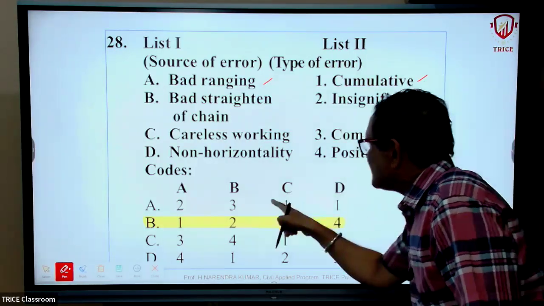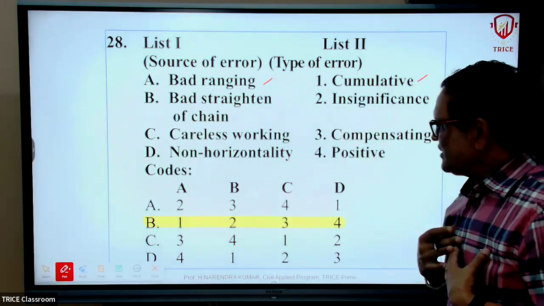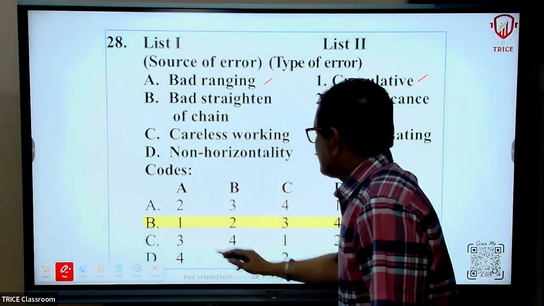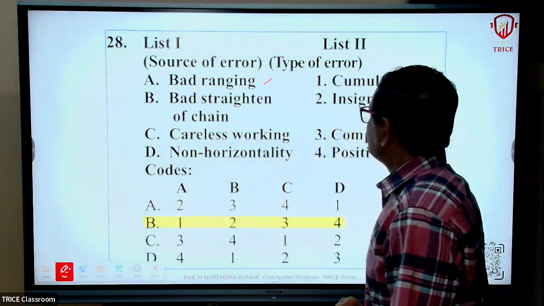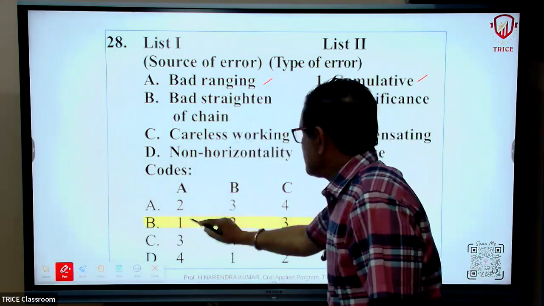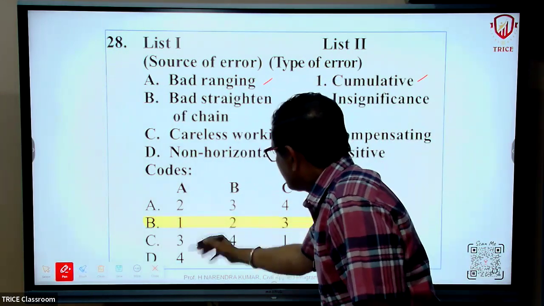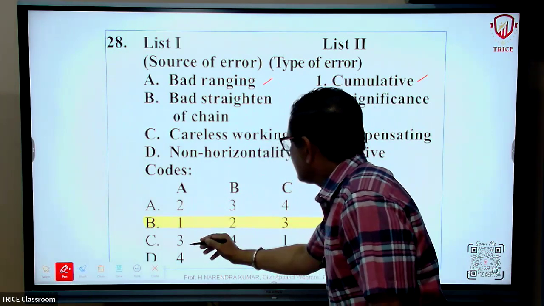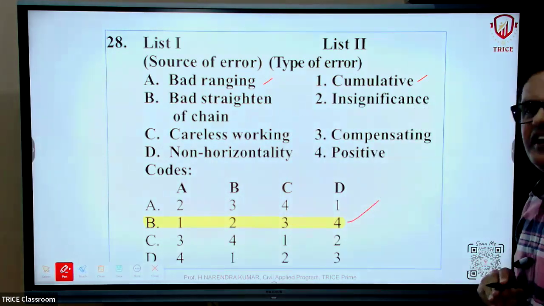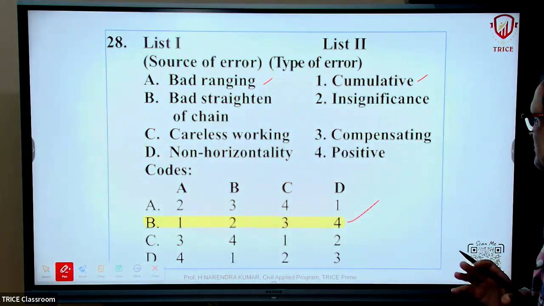So if you look at this, fortunately for me, under this course, B1 is already there. So A, bad ranging, 1 is the answer. There is nowhere else 1 given here. So I can straight away pick it without wasting my time.